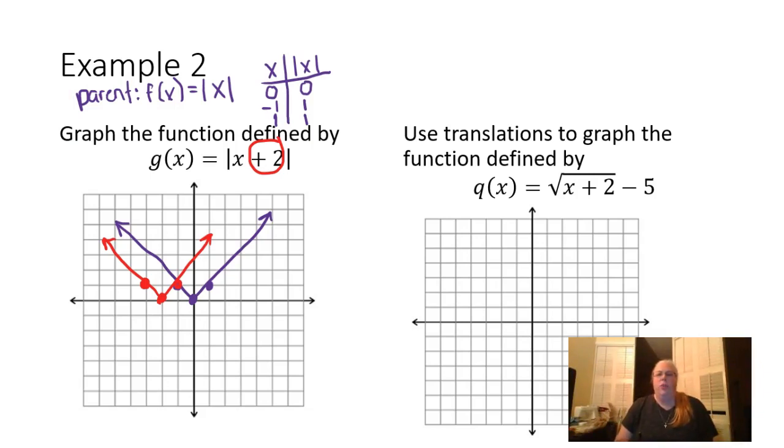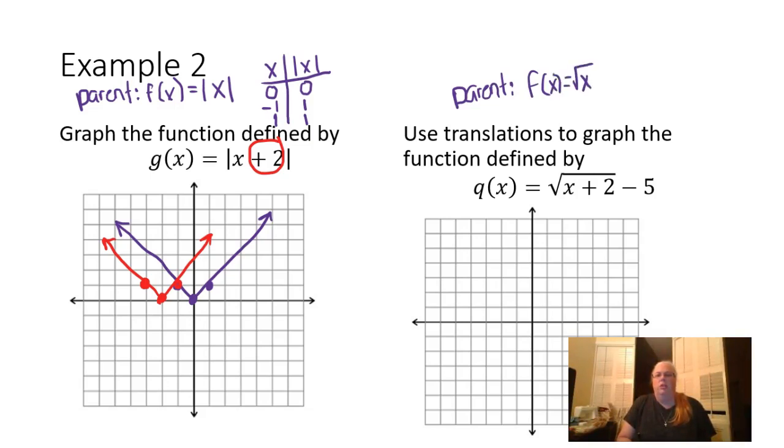Use translations to graph a function defined by q of x is equal to the square root of x plus 2 minus 5. Our parent function is going to be the square root of x function.